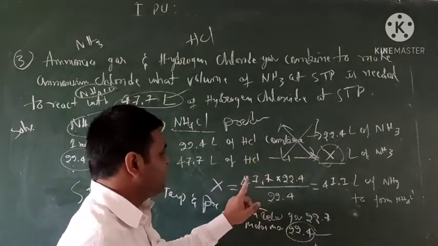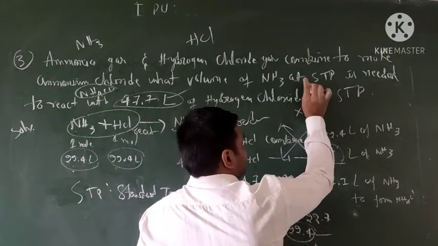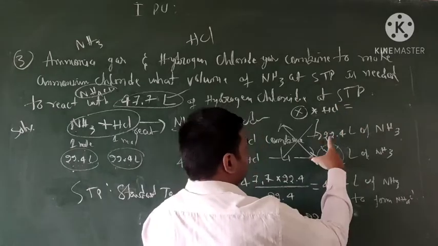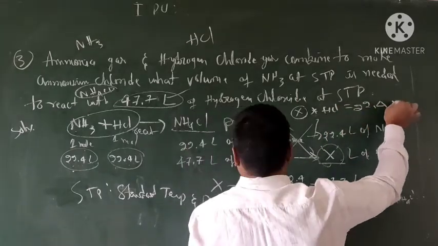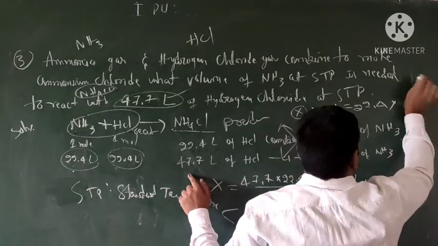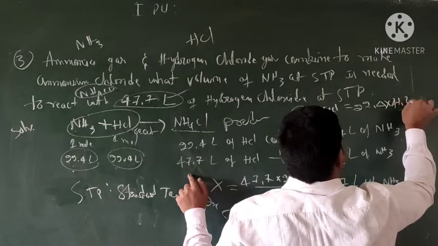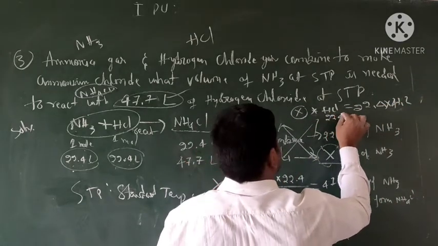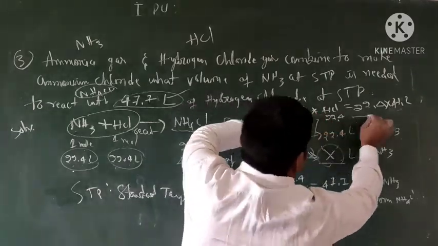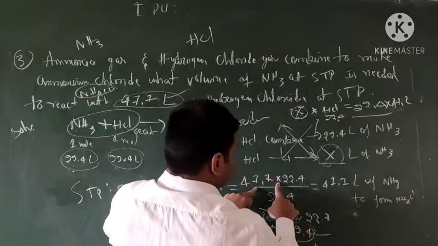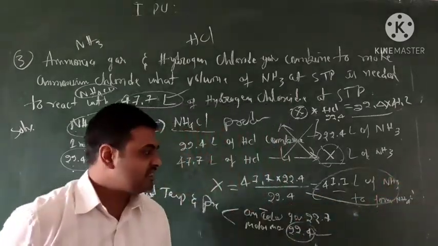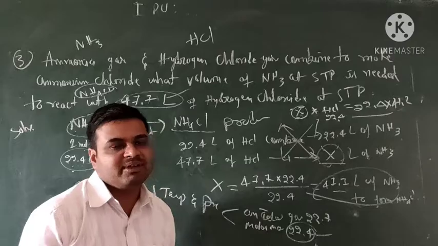X into 22.4 equals 22.4 into 47.7, since the HCl value is 22.4 there. We want only X, so X is equal to, this is the denominator, 47.7 into 10 to the power of 4 divided by 22.4. You get the value: 47.7 liter of ammonia gas is required to react with the hydrogen chloride gas.